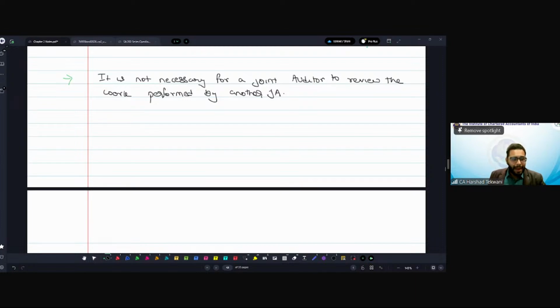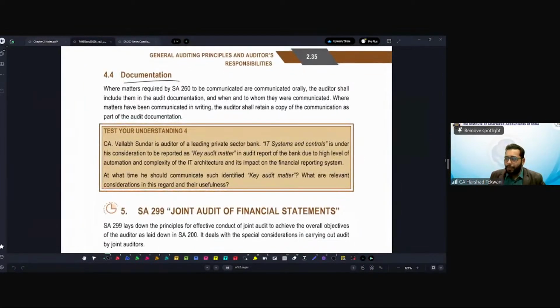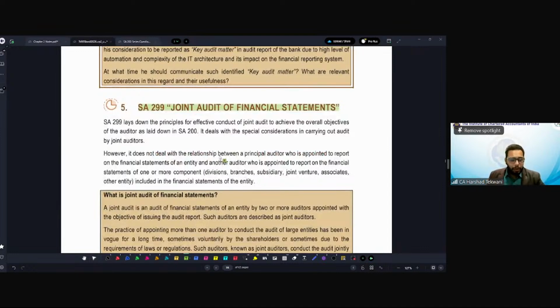So in the study mat, you need to come to page number 2.35, where point number 5 is SA 299, joint audit of financial statement. Again, it provides what the joint audit is and when it is not applicable.